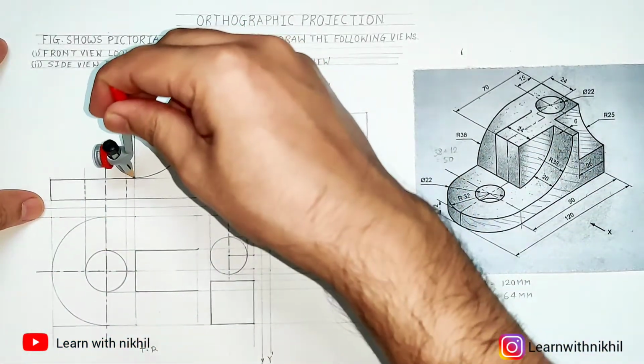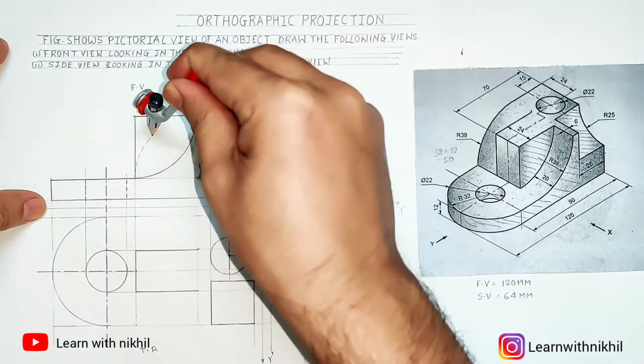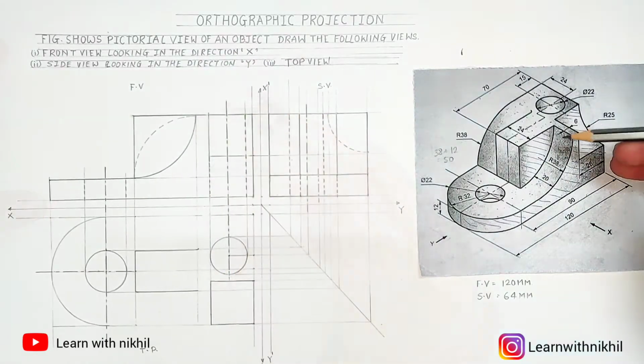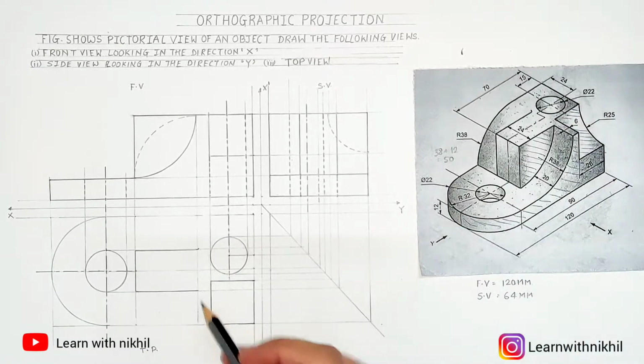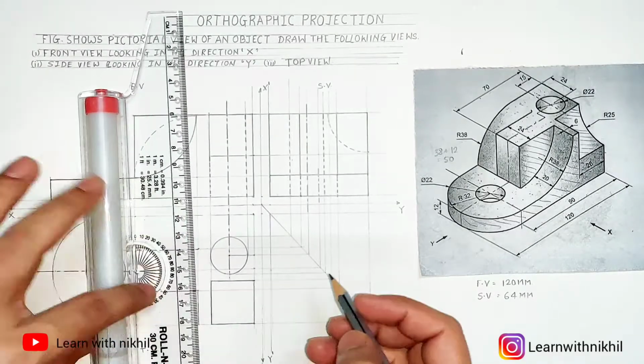So we'll draw a dotted curve which represents a hidden curve. Last, this 6 millimeter thickness was remaining at the top view, so we'll draw a dark line. This is with thickness 6 millimeter.